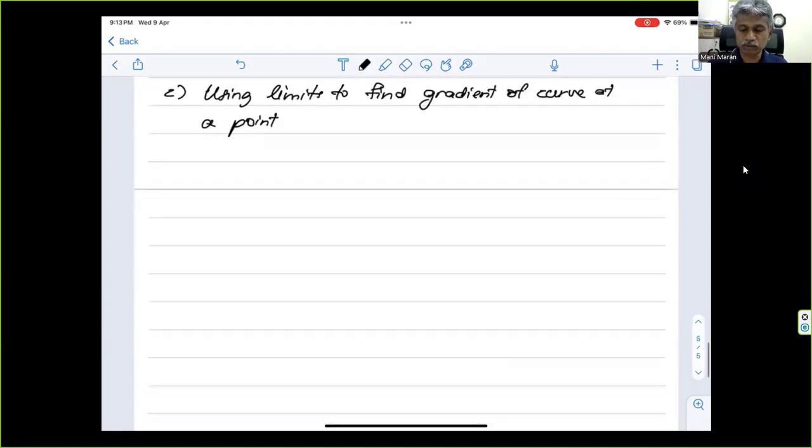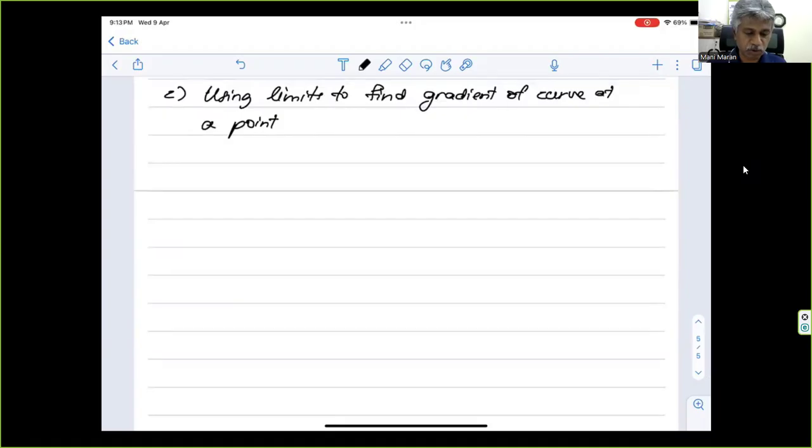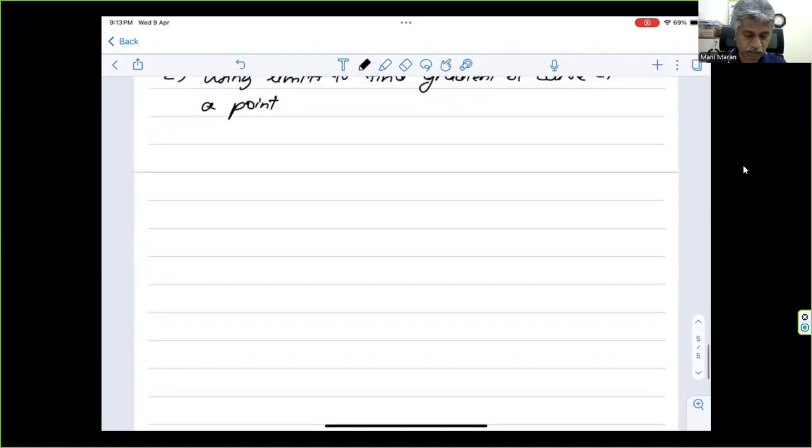So what I want you all to do is draw a graph like this first. Draw a horizontal axis and then draw a vertical axis.